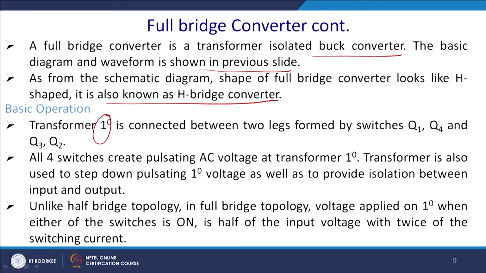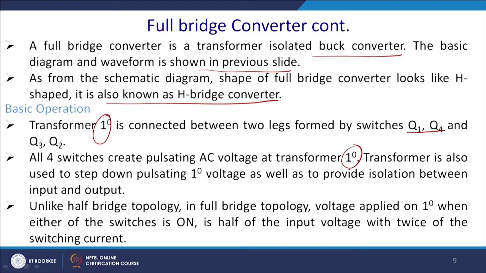The transformer primary is connected between the two legs, formed by the switches Q1 and Q4, and Q3 and Q2. All the switches create a pulsating AC across the transformer primary, which is also used to step down the pulsating voltage as well as to provide isolation between input and output.